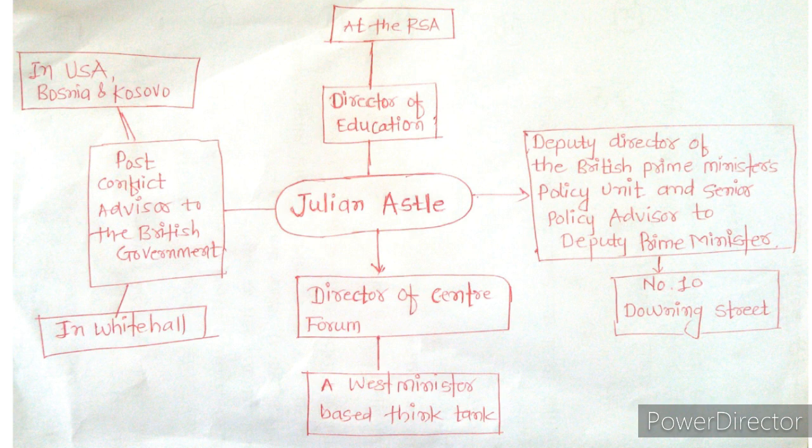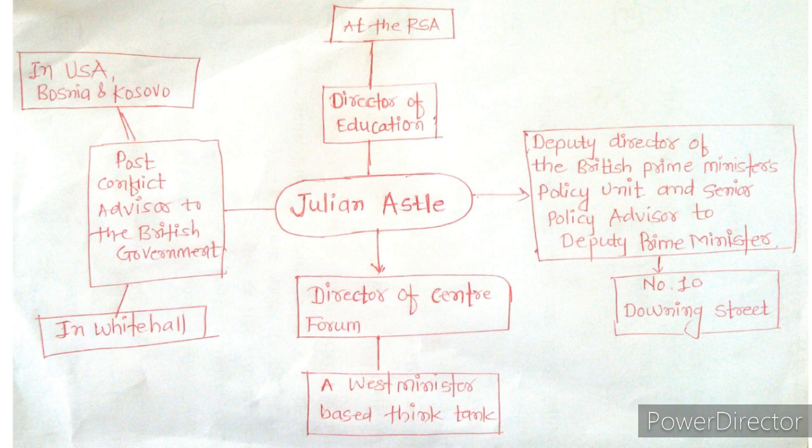Julian Astle is the main idea, and here I have taken Director of Education at the RSA. Then next, he has also worked as Deputy Director of the British Prime Minister's Policy Unit and Senior Policy Advisor to the Deputy Prime Minister. Now he has worked in number 10 Downing Street.